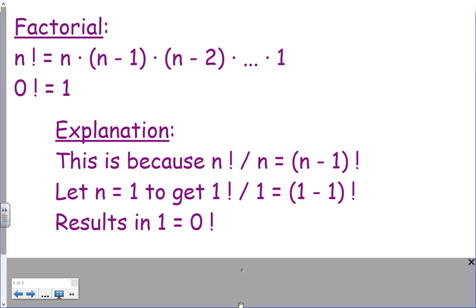So if you let n be 1 in that little equation there, you get 1 factorial divided by 1 is equal to 1 minus 1 factorial. On the left, you end up with 1. On the right, you end up with 0 factorial. So this is where the definition of 0 factorial comes from. 0 factorial is defined to be 1, based on what the definition of a factorial is.